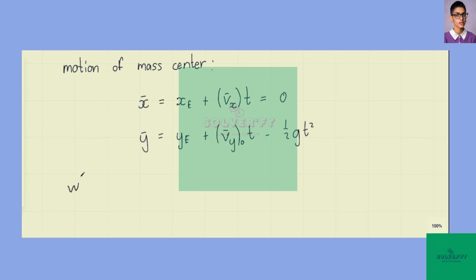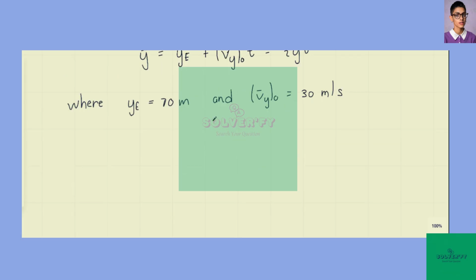And from here, we know that the point at which the explosion happens, ye, is 70 meters above the ground, and the velocity of the rocket at this point is 30 meters per second. So then here we have the motion of the mass center.